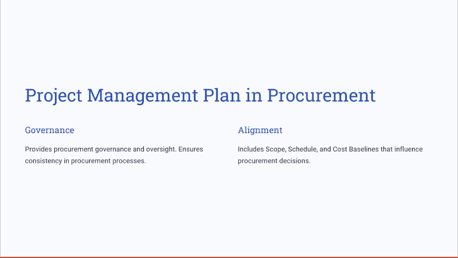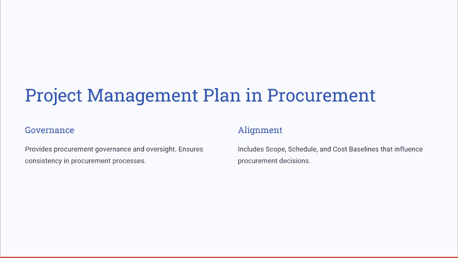Let's now see the role of the project management plan in procurement management. The project management plan plays a critical role in procurement planning by setting the procurement objectives, policies, and execution strategies. It ensures that the procurement aligns with the project scope, schedule, and cost baseline, which are known as the constraints.